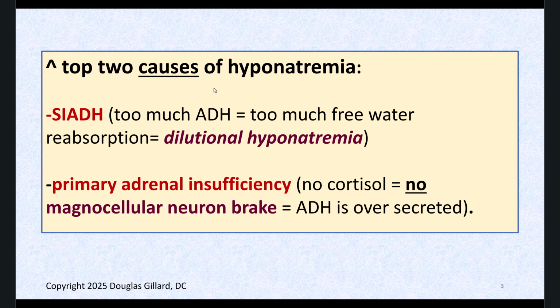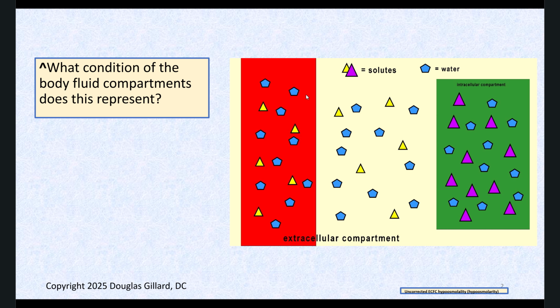There's two types, or the two big causes of hyponatremia, or a hypoosmotic extracellular fluid. One is SIADH, syndrome of inappropriate ADH secretion. Too much ADH is secreted for various reasons, and we know that ADH causes reabsorption of free water, so ADH would cause this.